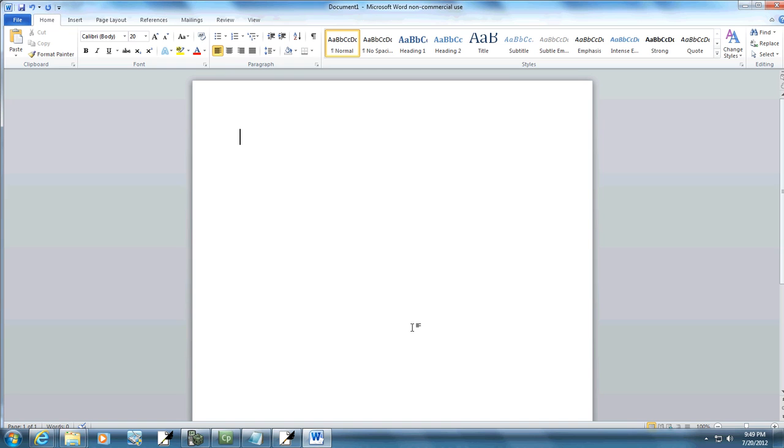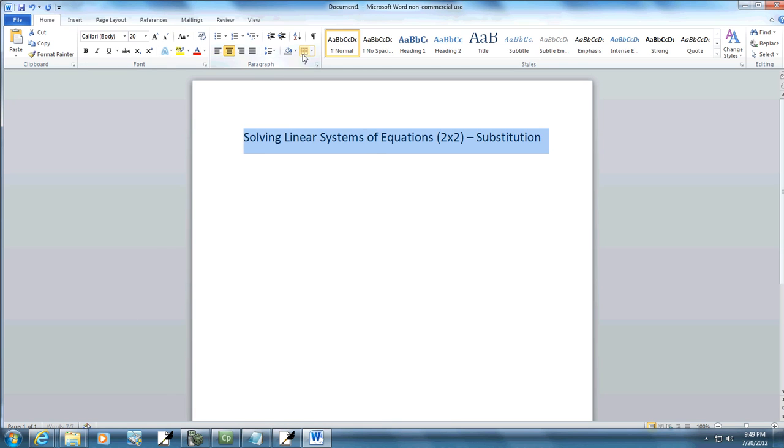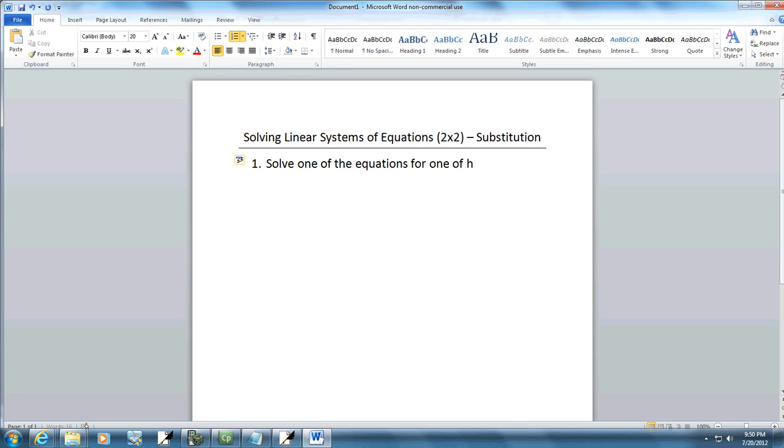Okay. Now let's look at how to do it by hand. And let me write the steps out here. Solving linear systems of equations, 2 by 2. 2 equations, 2 variables. Substitution. Step 1: Solve one of the equations for one of the variables.